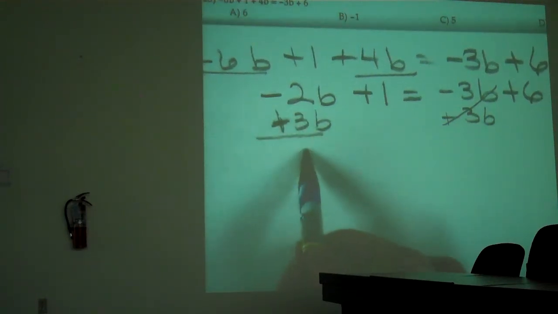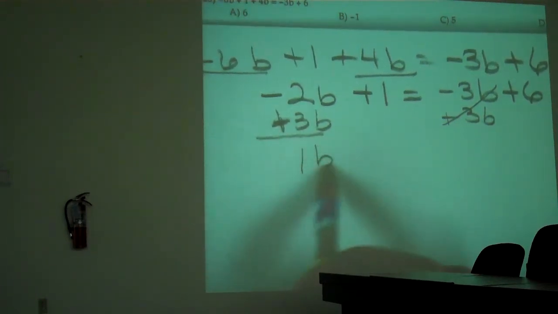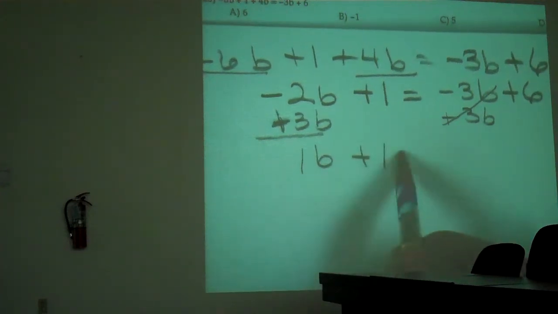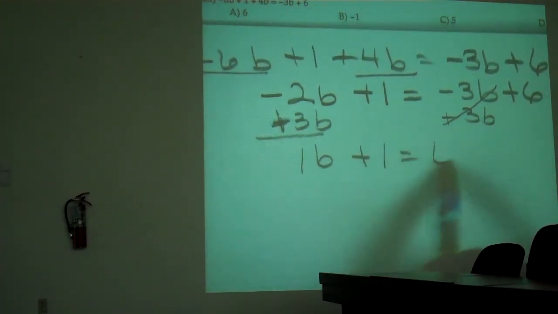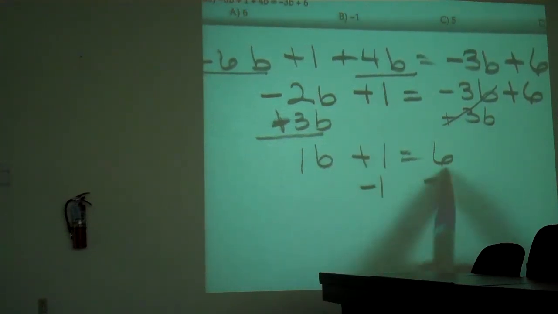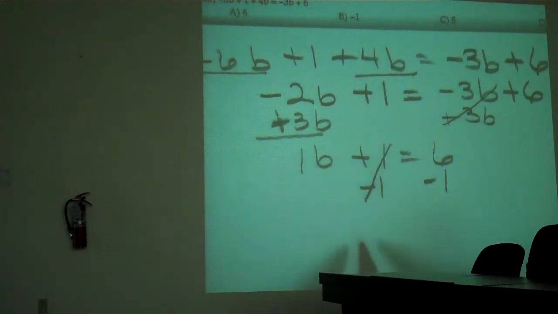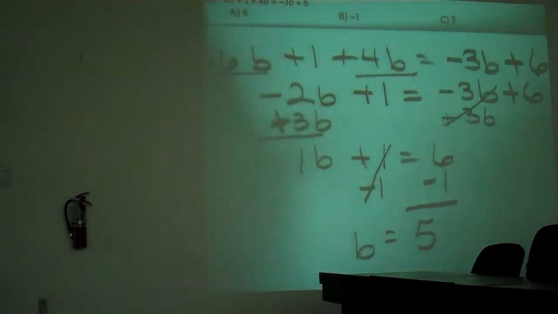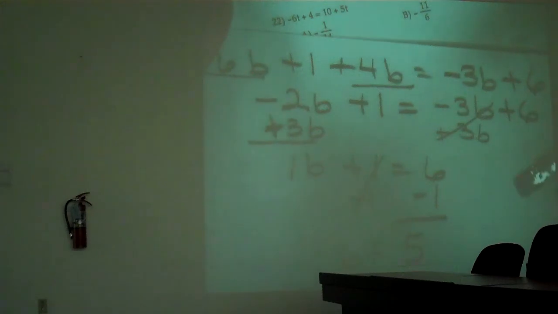Negative 2 plus 3, positive 1, right? 1b plus 1 equals 6. 1b is just b, right? So we don't have to write the 1 in front of it. Okay, plus 1, we want to subtract 1 from both sides. So just b equals 6 minus 1 is 5. Okay, that's the end of that page.